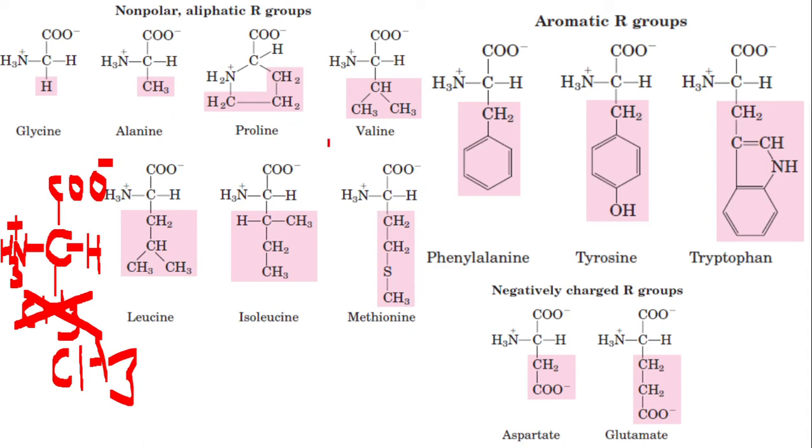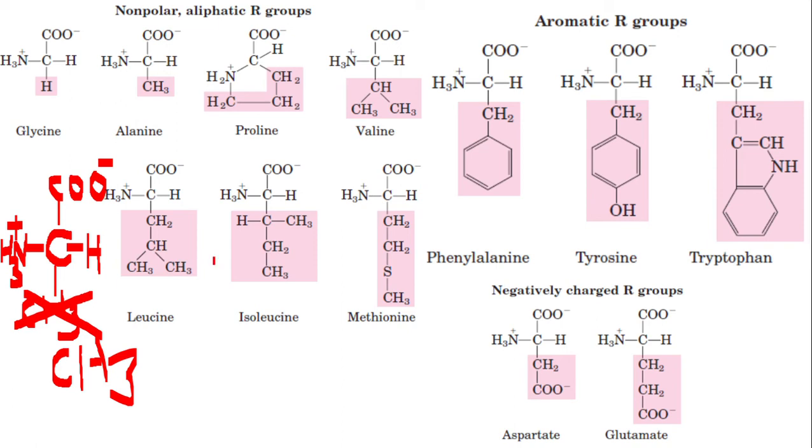And here we have valine. It's made up of CH3, CH3. And we have leucine, CH2, CH, CH3, CH3. And we have isoleucine. These are isomers actually. How do they differ from each other? Here, branching is on which carbon? Carbon number 1, 2, 3, 4. Branching is on carbon number 4.